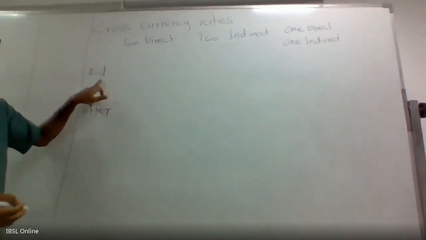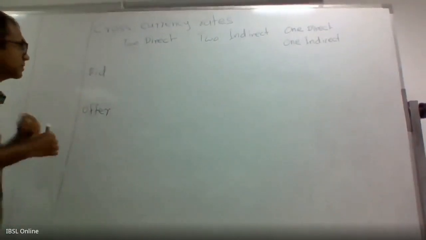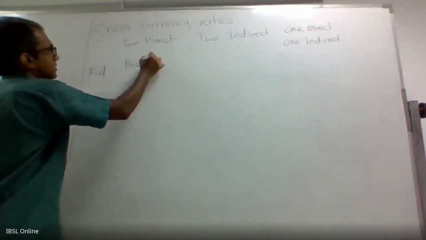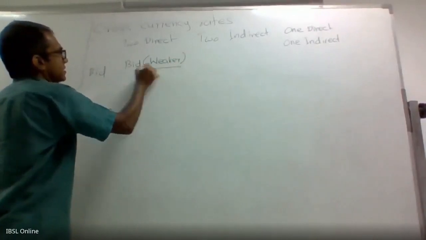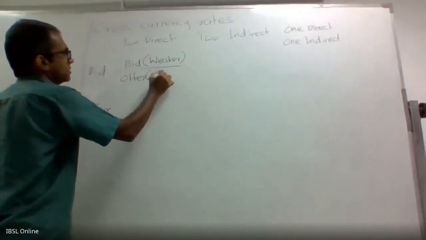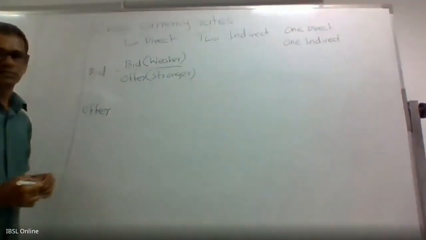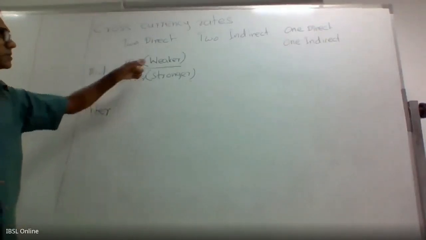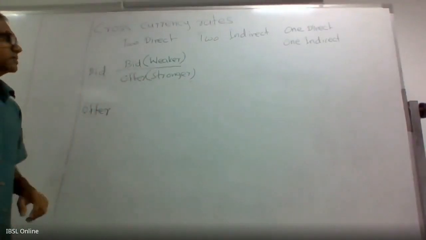To get the bid, when we have two direct quotes, it is the bid of the weaker currency divided by the offer of the stronger currency. Bid divided by offer, cross division.